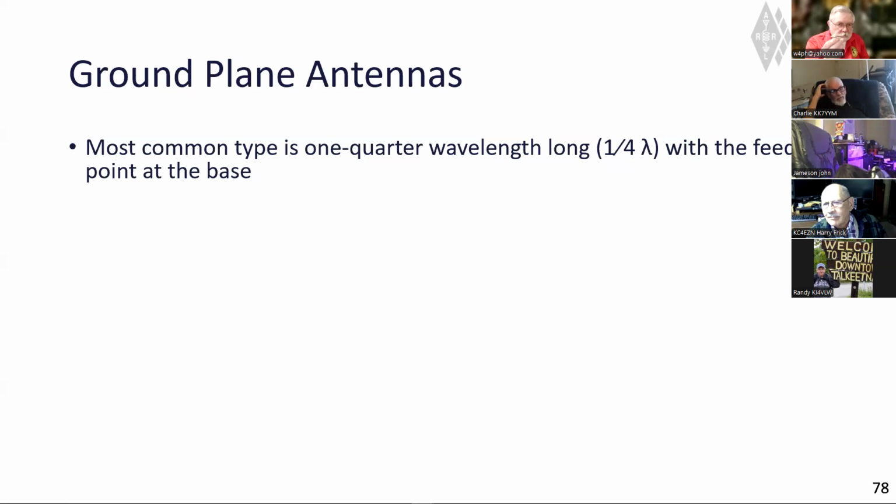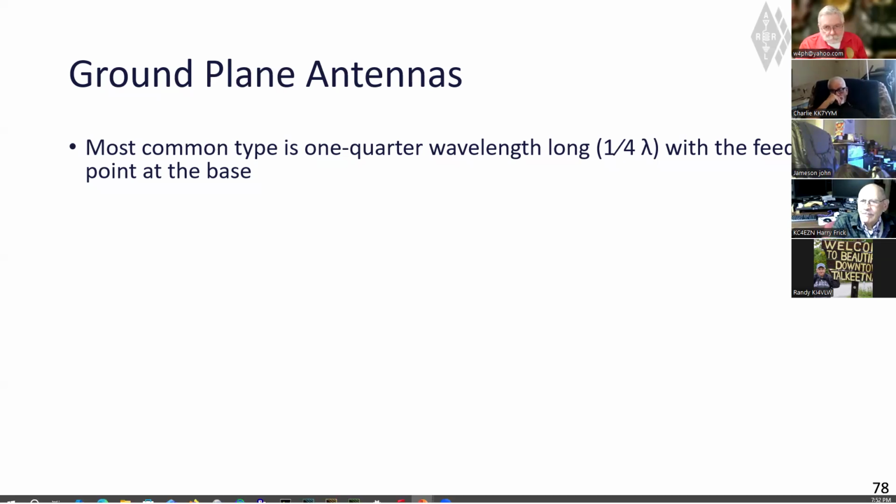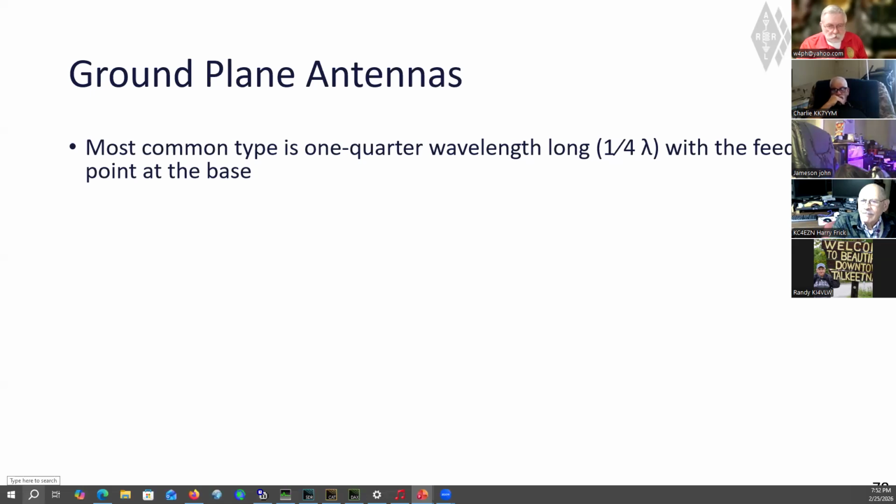And this one was made for 1.2 gigahertz, 1,296 megacycles, which is why it's that small. To make one, again, at 80 meters, takes a 64-foot or 65-foot vertical with 65-foot radials laid around it.